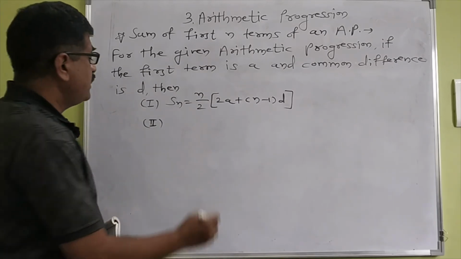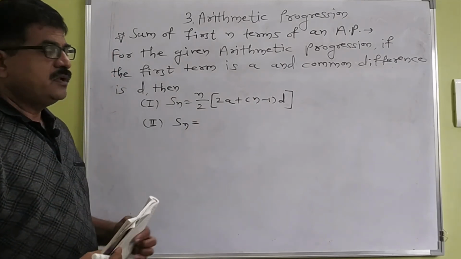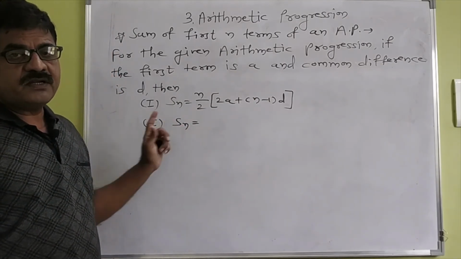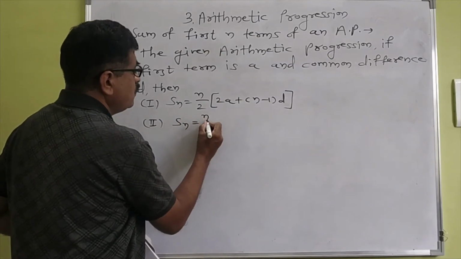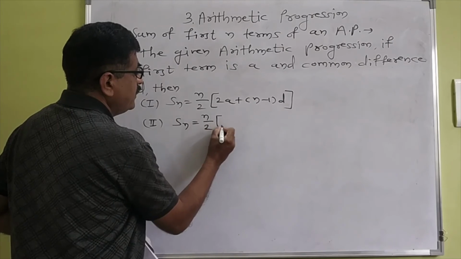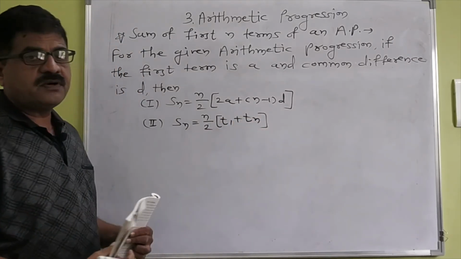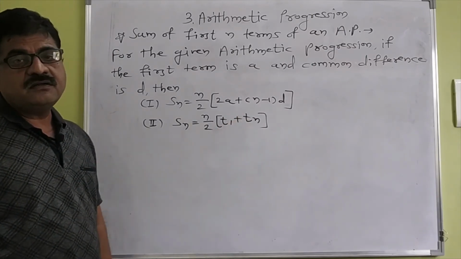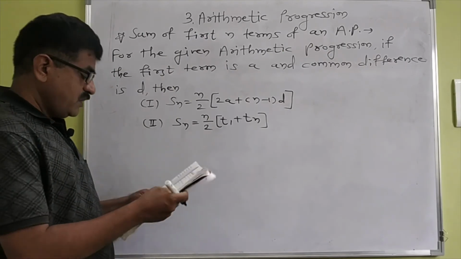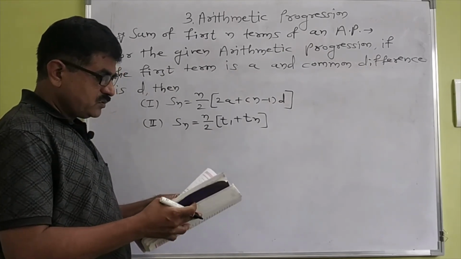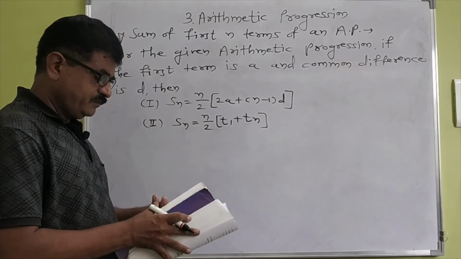Sn, the sum of n terms, is equal to n upon 2 into bracket T1 plus Tn, where T1 is the first term and Tn is the nth term. There are two formulas. Now we have to solve examples in practice set 3.3.